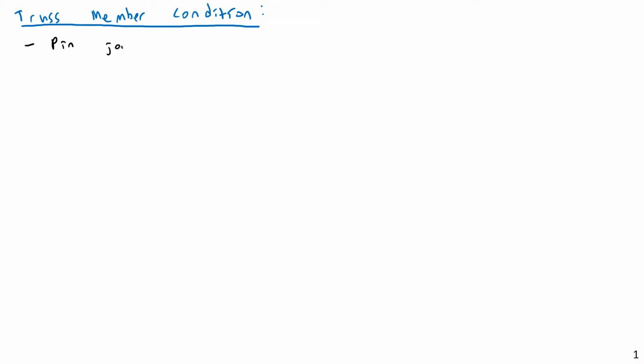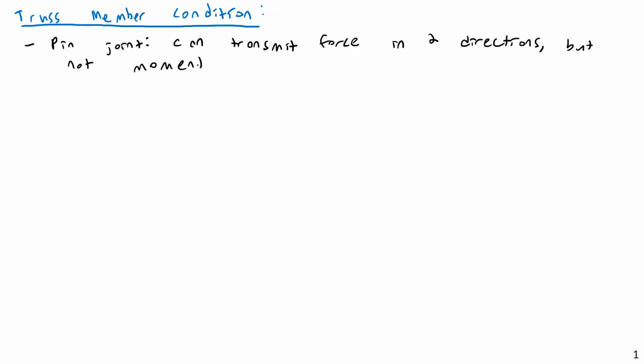A pin joint, as a review, or a pin support, is one that can transmit force in two directions, but not moment. So if I have two members that come together in a pin joint like so, and this is just very generic here.